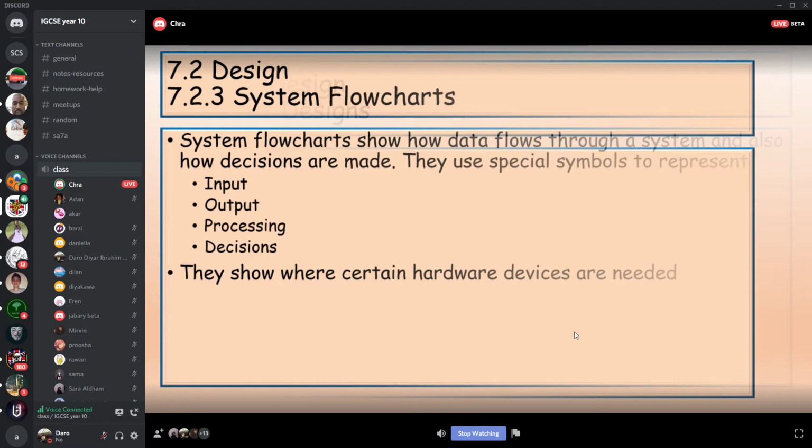What does SDLC stand for? Software development lifecycle. What is the first stage? Analysis. I asked Prusha. Okay, analysis. What's the next one? Okay, Prusha, say the next one. Design. Design.